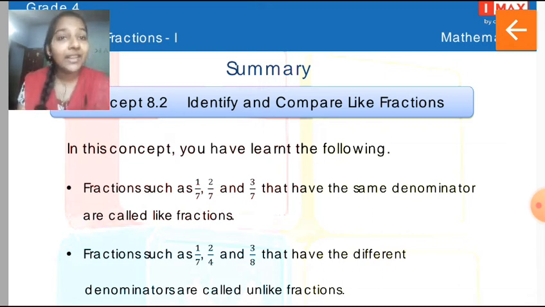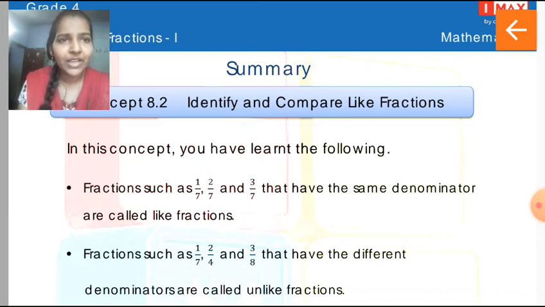Denominator means the number which comes below the small line. Examples are 1 by 7, 2 by 7, 3 by 7.